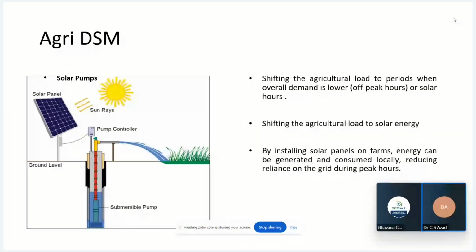In the agriculture DSM, there are three options. First option is shifting the agriculture load to periods when overall demand is lower. That means off-peak hours.